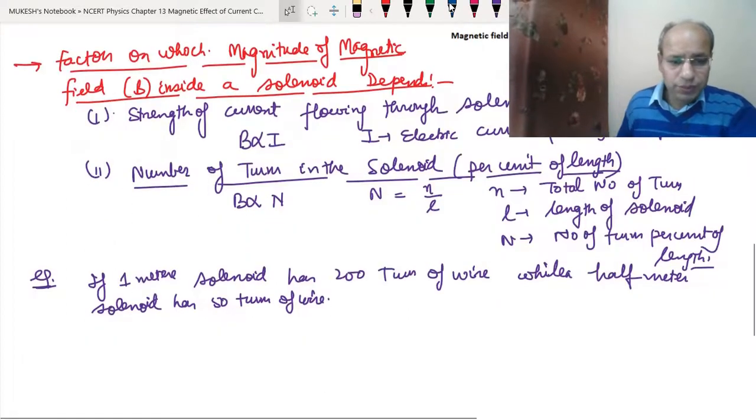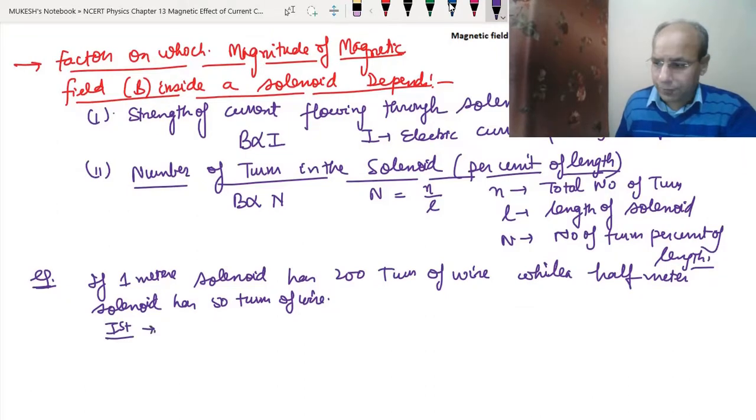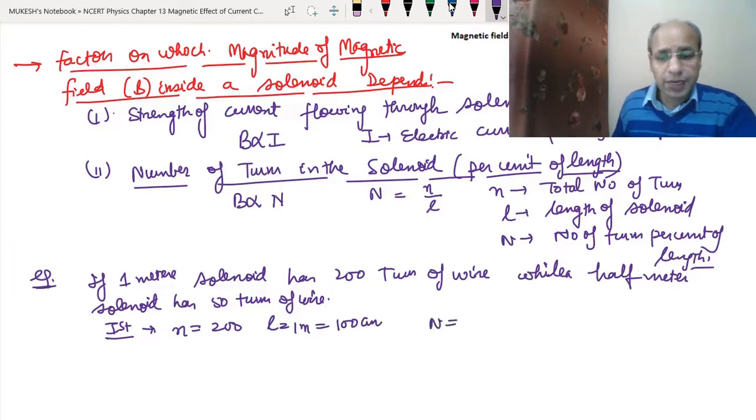For the first solenoid we have small n equal to 200 because there are 200 turns, and the length is 1 meter, that means 100 centimeter. So capital N equals small n upon L, that means 200 upon 100, so that means 2 turns per centimeter.